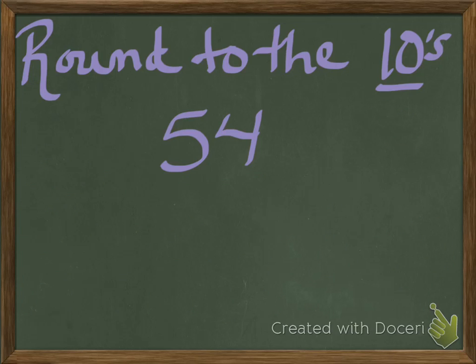Now, once you understand that number line concept, there's an easier way to go about it. It says round to the tens. So you go ahead and you put a line underneath the tens column because that's one tiny, tiny meaning tens. So you underline the tens and then you put an arrow to the number that's just to the right of it. In this case, it's 4.